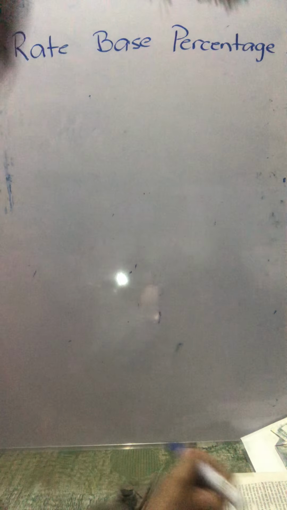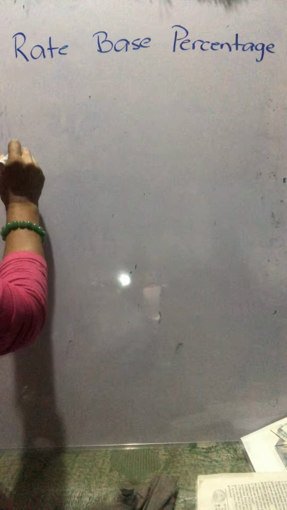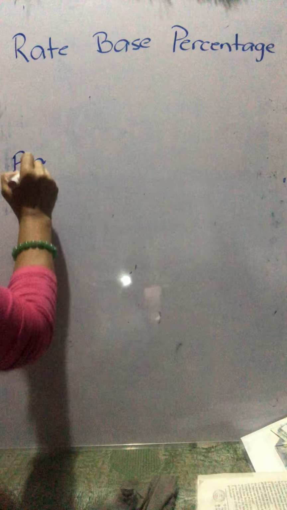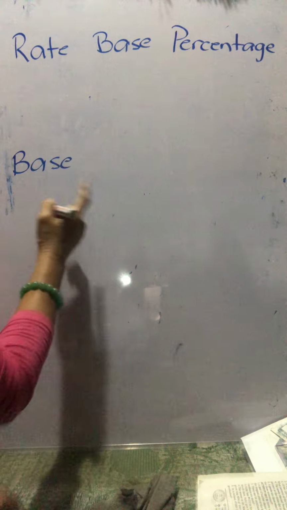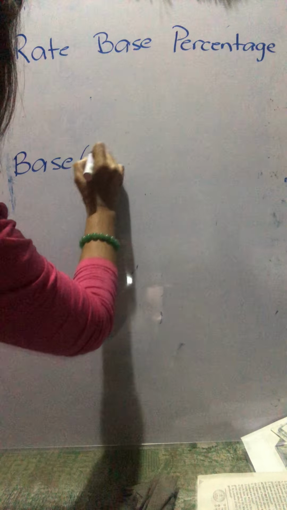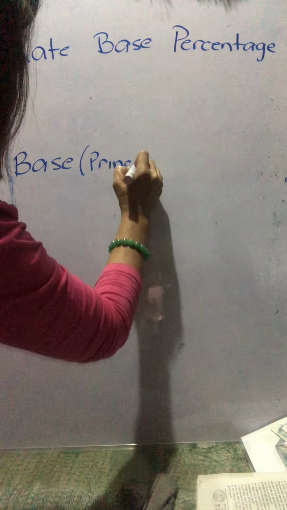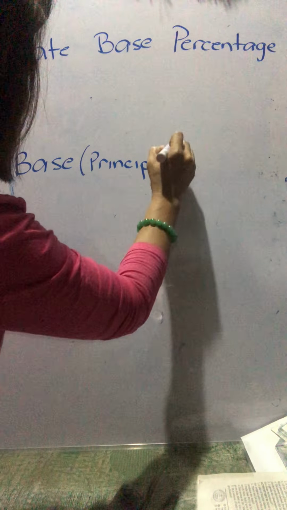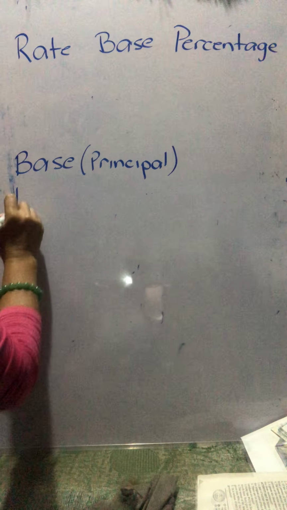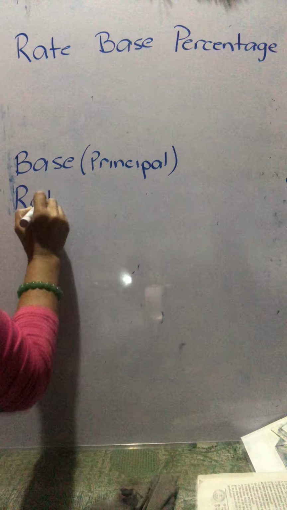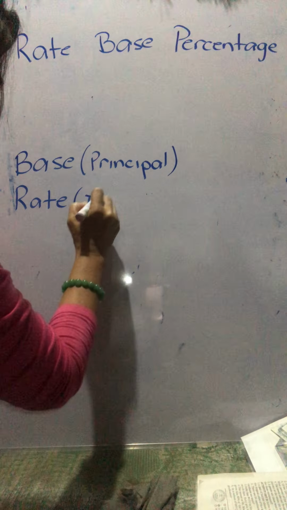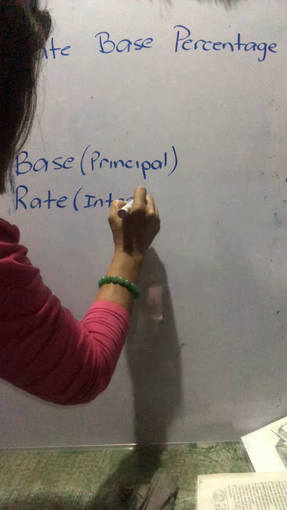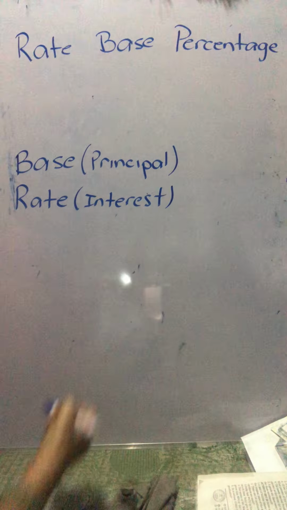So, we always start with the base. This is the base. The base is also called the principal. The rate is our interest.